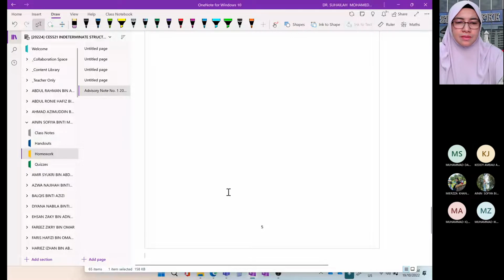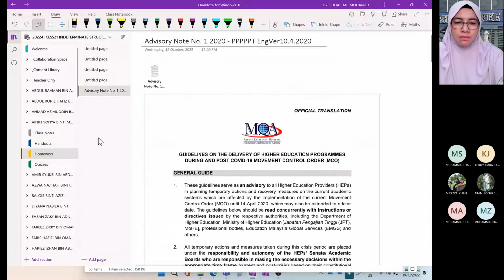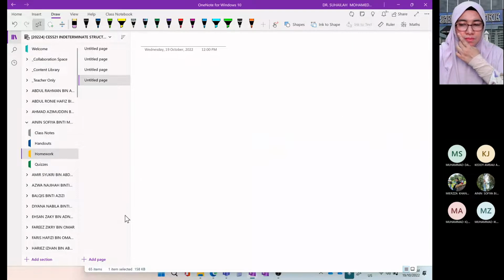And dia dah masuk. Pernah buat tak? Pernah buat cara ni? Tak pernah guna OneNote?